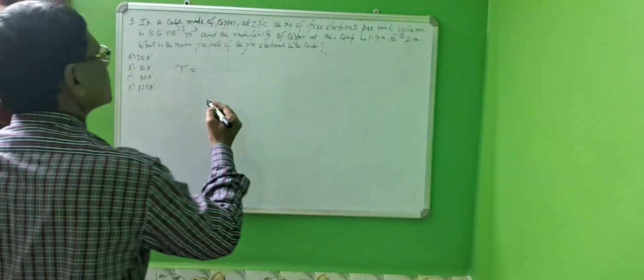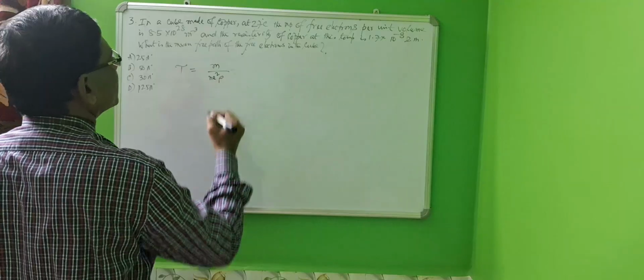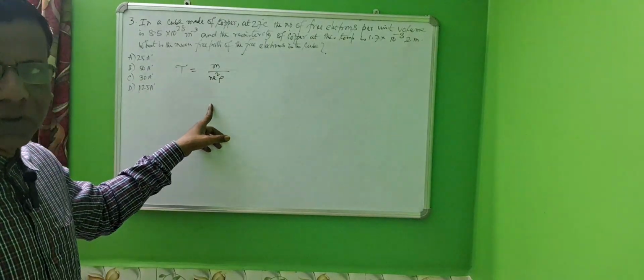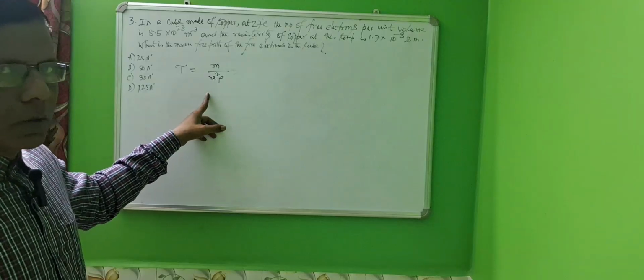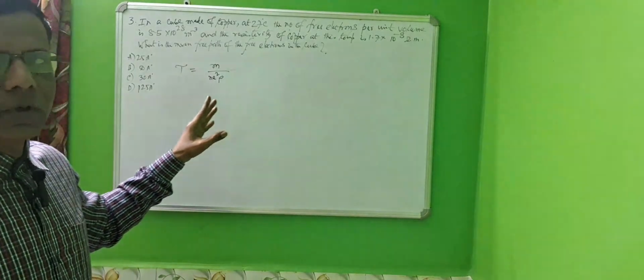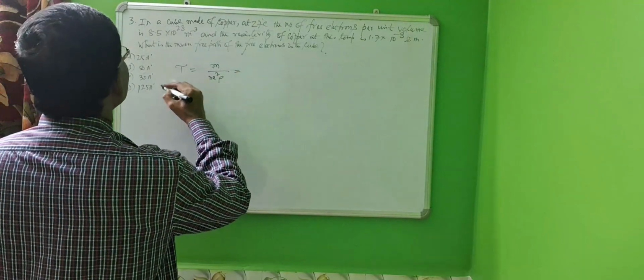So tau equals m upon n e square rho. It is a quantity which will be established later. Now we solve the problem here.